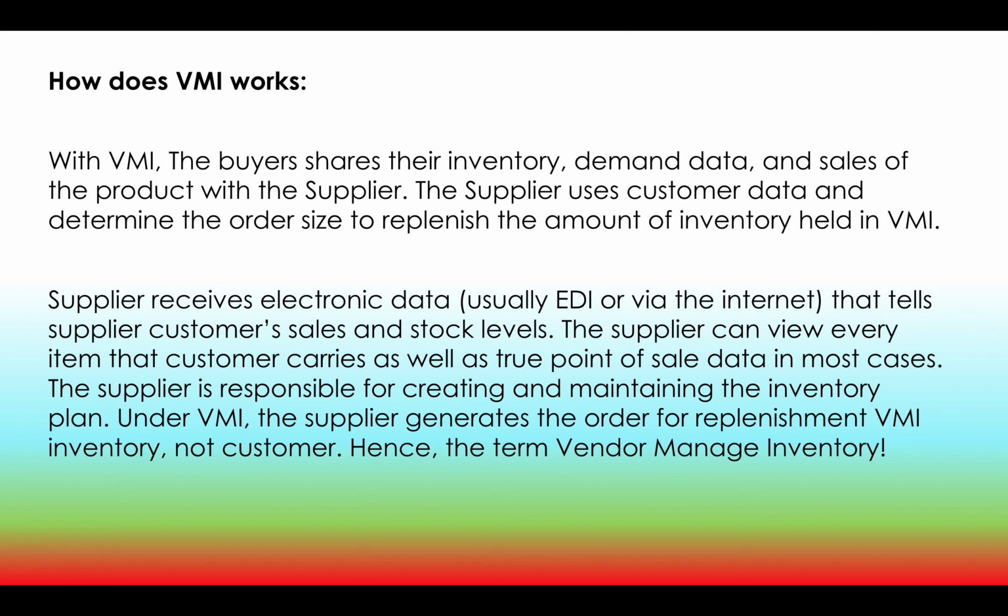How does VMI work? With VMI, the buyers share their inventory. Buyers here are customers; buyers and customers are the same. The customer shares their inventory, demand data, and sales of the product with the supplier. They share all the supplier products' sales data and demand data.